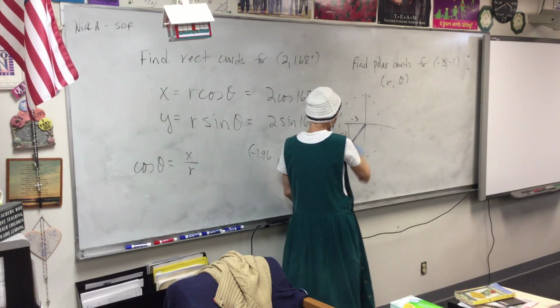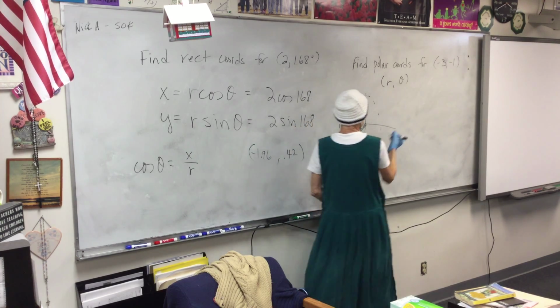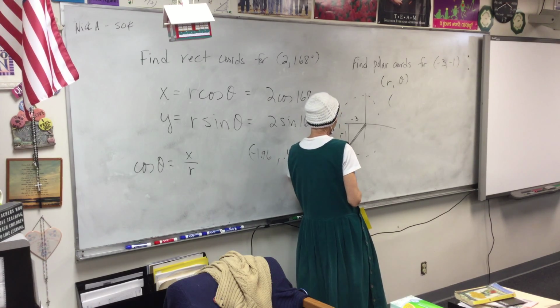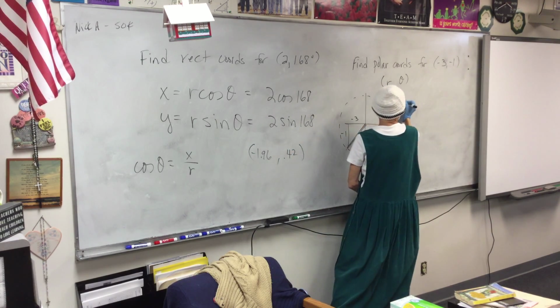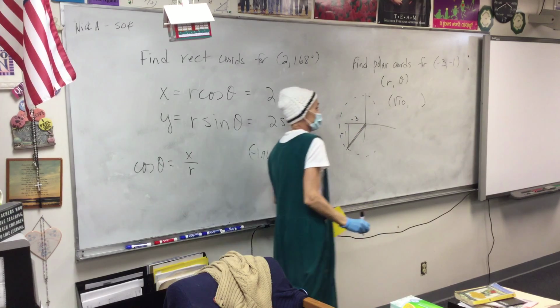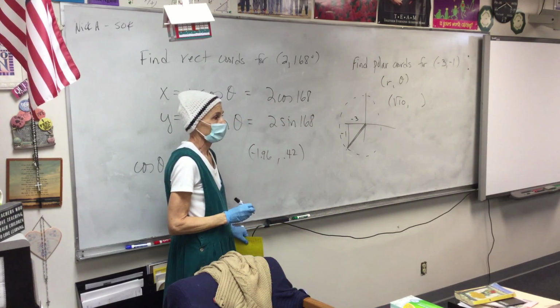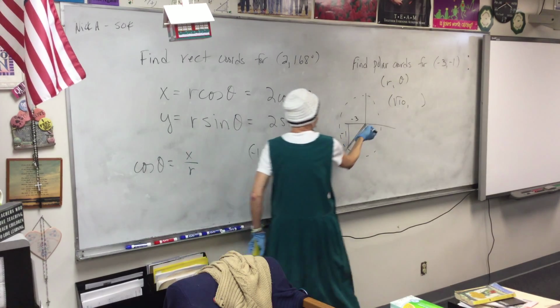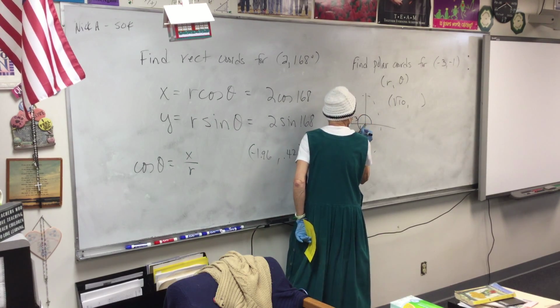And so what would the radius be? The hypotenuse. Yeah, which would be about how long? Root 10? So r is root 10. Now be careful on this one. This is theta.